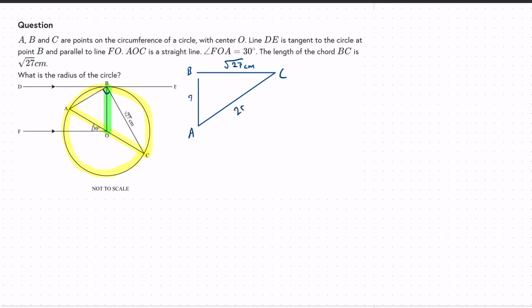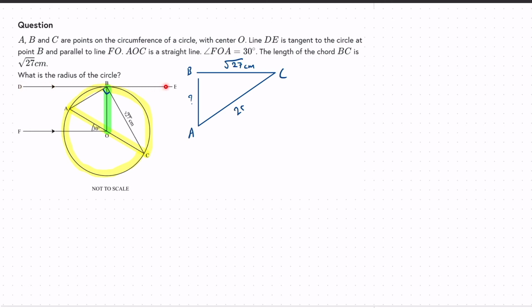I don't know what this is, but what I can see here, right, looking at this and this, they're both radii. They both emanate from the center. Okay, I also know that this here is 30 degrees, and because this is meeting, where it says here, DE, right?